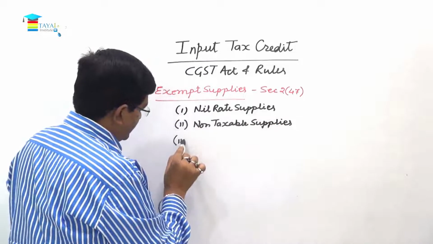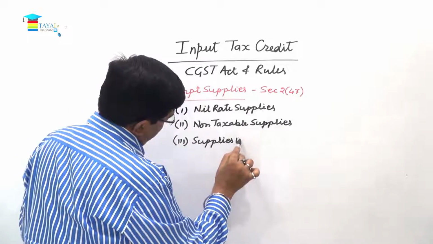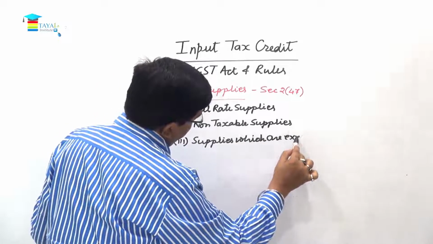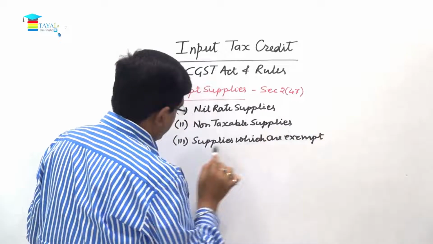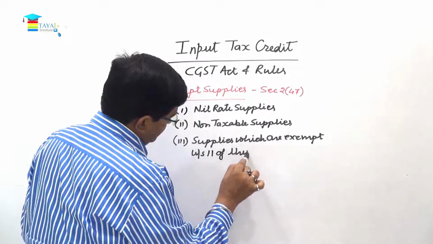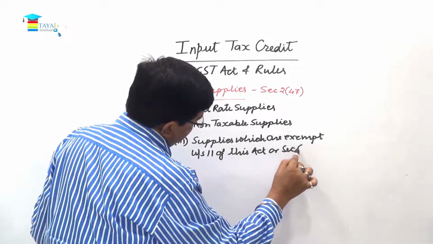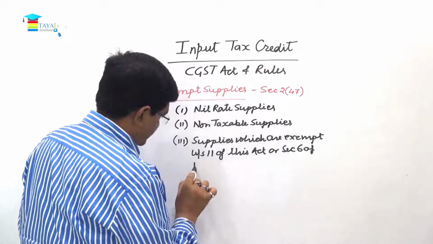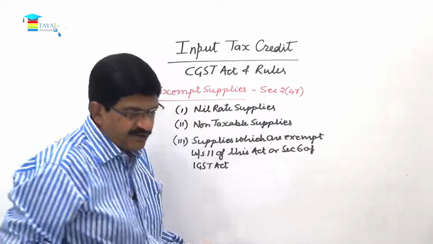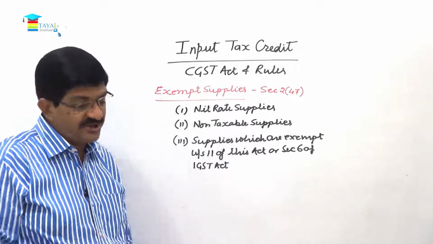Number three, supplies which are exempt under section 11 of this act or section 6 of the IGST Act. So the question of exemptions we had already discussed in detail in a separate chapter.